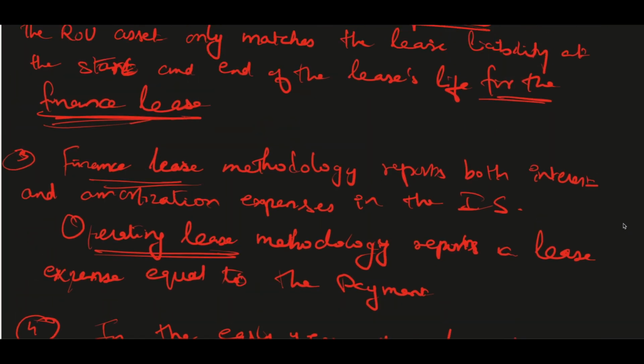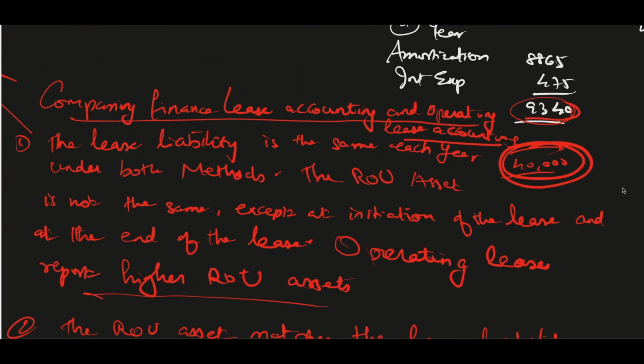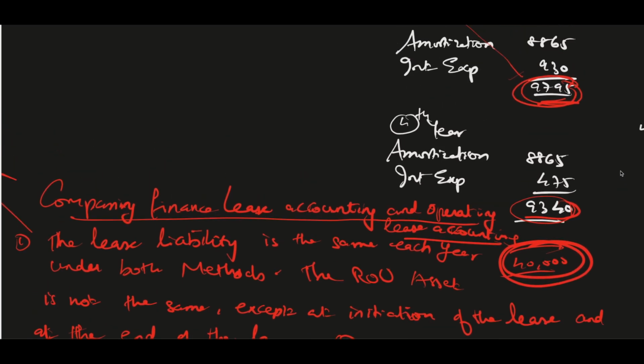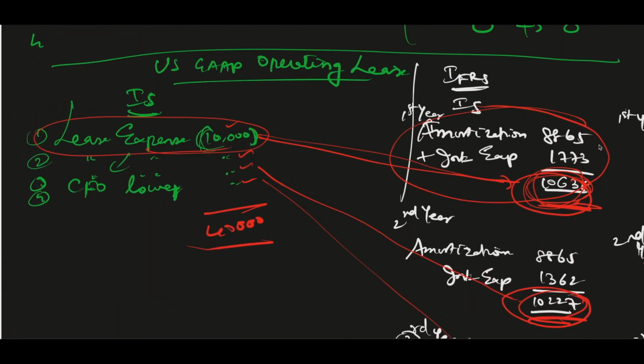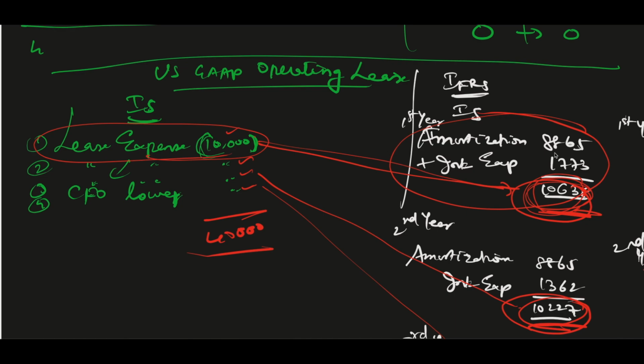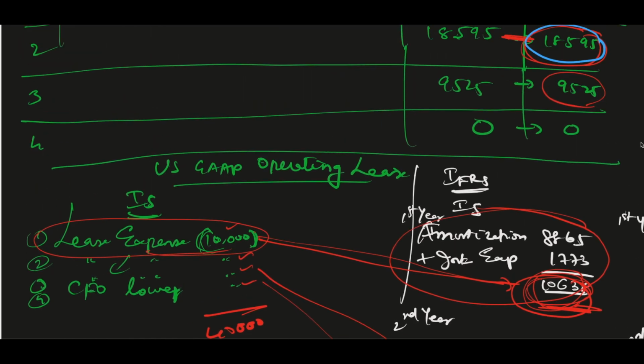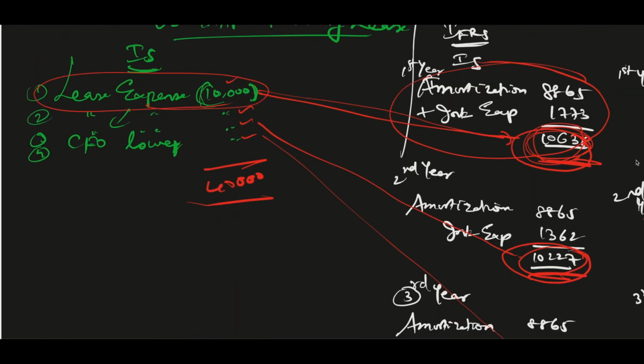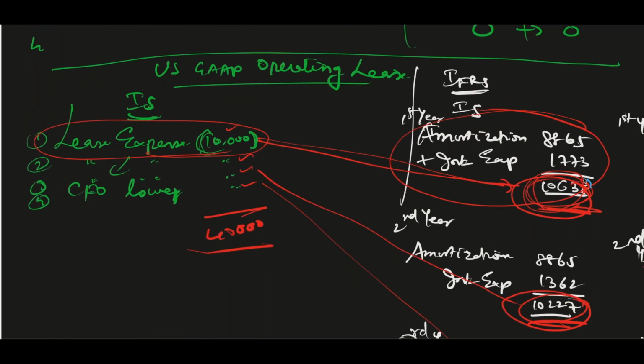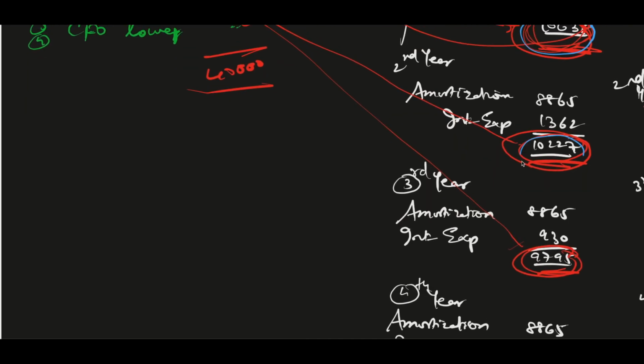because you are showing, say here, income statement early years it will be lower, because in the income statement you are going to show more expenses and then slowly it comes down.